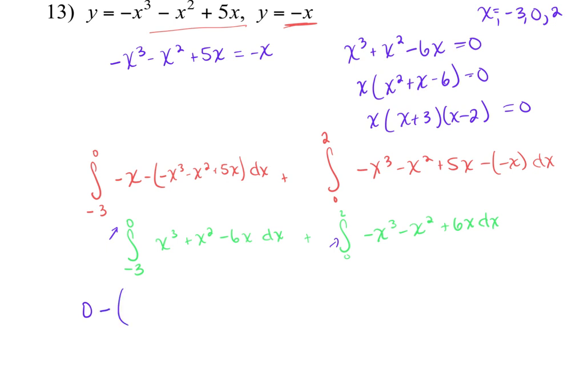And then when I do this, it's going to be 1/4 x to the 4th, 1/3 x to the 3rd, minus 3 x squared, right? So we're plugging in a -3 to that. This is 81/4 plus 27/3, so that's 9 minus 27. That's a -9.